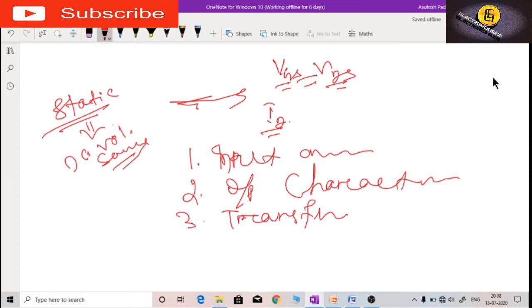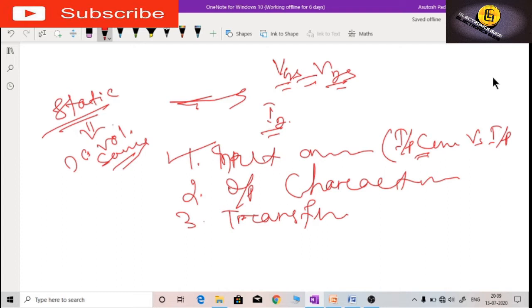Input characteristic includes the relation between the input current and input voltage, and the output characteristic includes the relationship between output current and output voltage. The transfer characteristics gives the relationship between the input parameter and the output parameter.